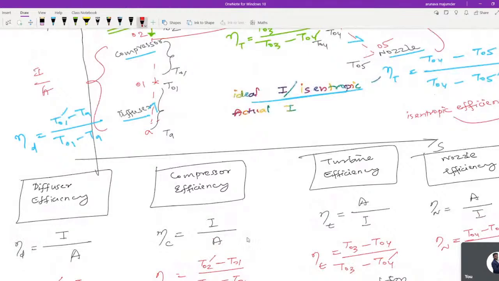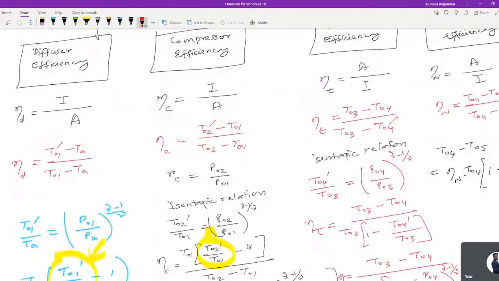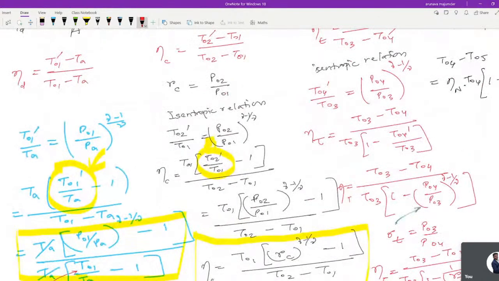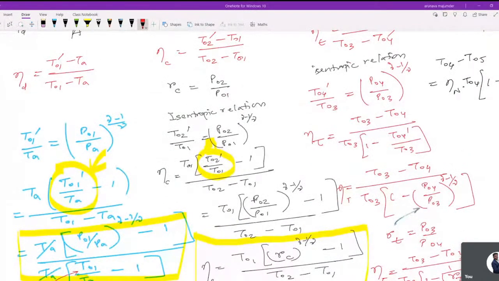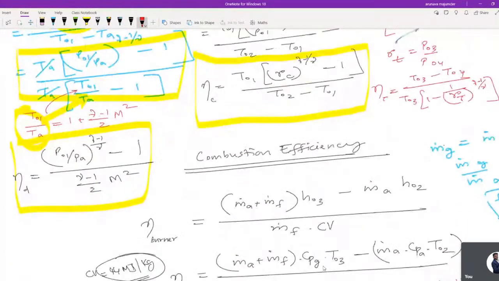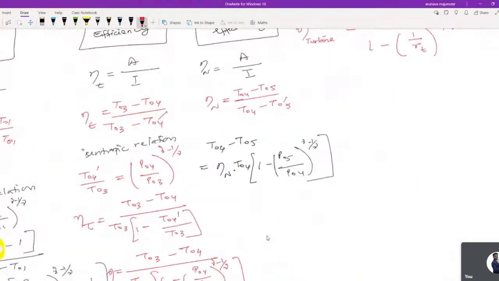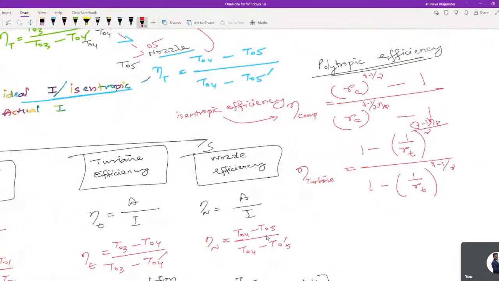Then we have propulsive efficiency, how it is related, and thermal efficiency, how it is related. F means the fuel ratio. Show the entropy for turbine. I will show that formula again, so prepare that.